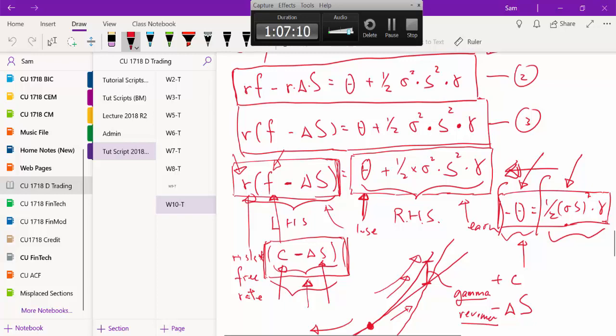It's negative. I think gamma revenue should be negative as well. Or no? Gamma revenue always positive. No, it's negative.